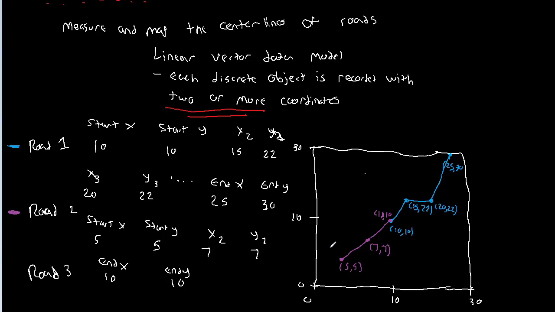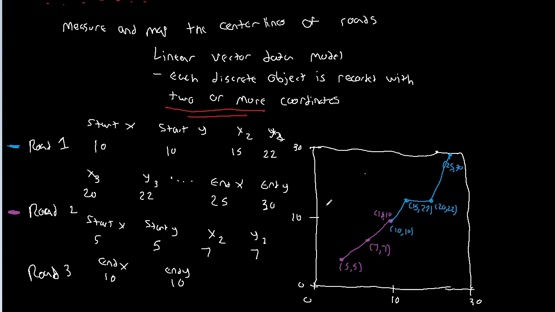So what have we done? Our visual output here is displaying 2 discrete features, road 1 in blue and road 2 in purple. What we've done here is we've taken more than one coordinate. In the case of road 1, we've taken 4 coordinates, and in the case of road 2, we've taken 3 coordinates.